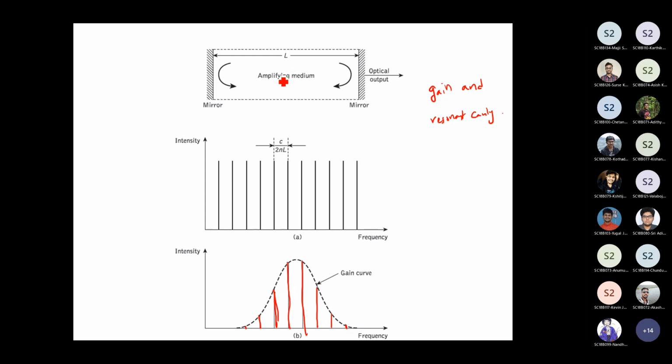If I have a long cavity, that means the spacing between the mirrors is large, then it turns out that these frequency components become closer and closer. That means it would be difficult for you to distinguish between this and that.